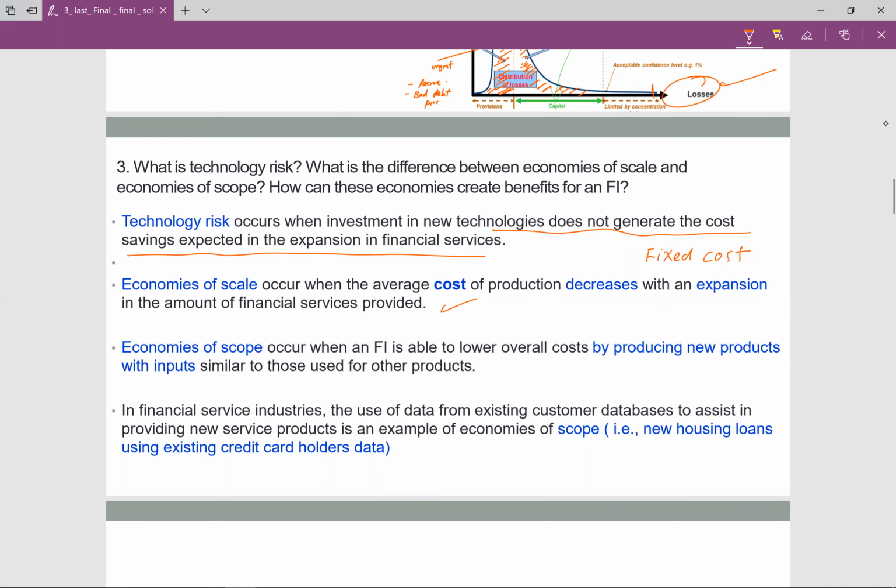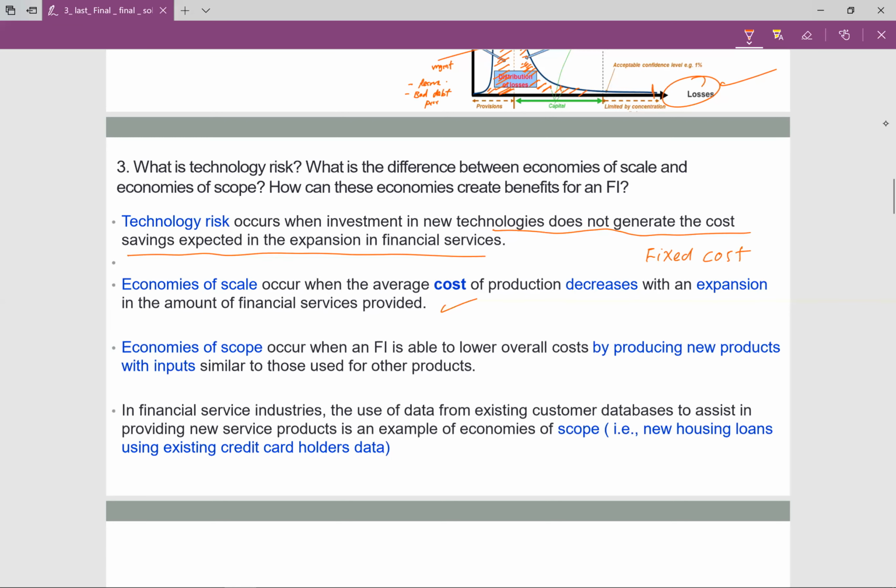I can use this information to produce other things. The cost of collecting this information was supposed to give me one output, which is studying the credit card. I can now have more than one output. I can use it to produce a tourism package, a car loan package, a credit card package, a higher education package, whatever.